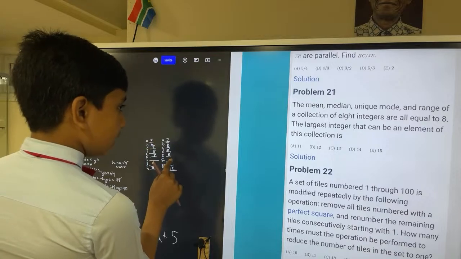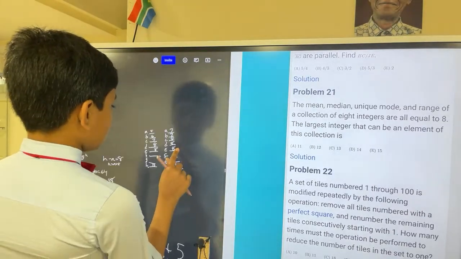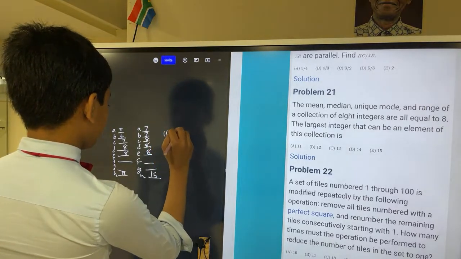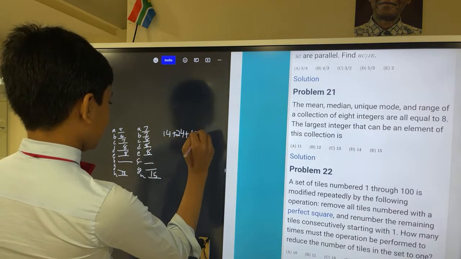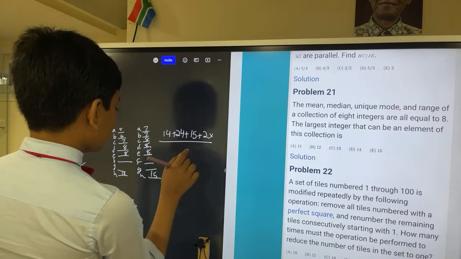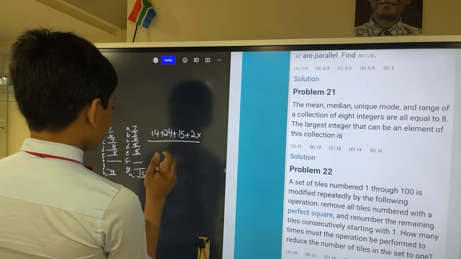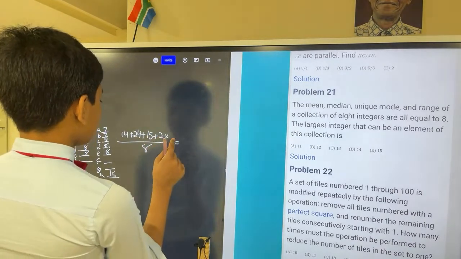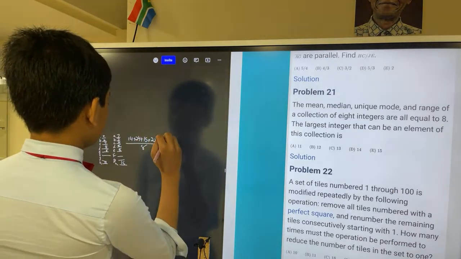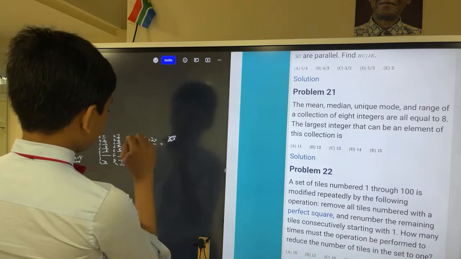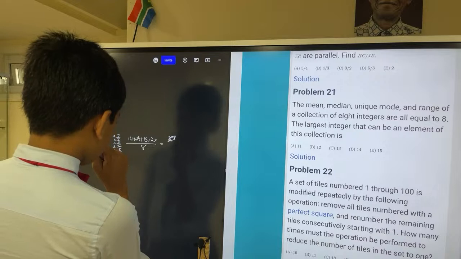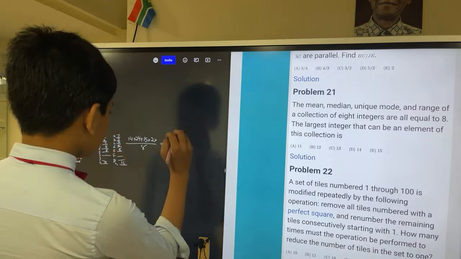And then we just have F and G. So we have 14 plus 24 plus 15 plus 2x. We're going to assume that F and G are equal over 8, I think. So it's equal to 29 plus 24, which is 53. I think so.